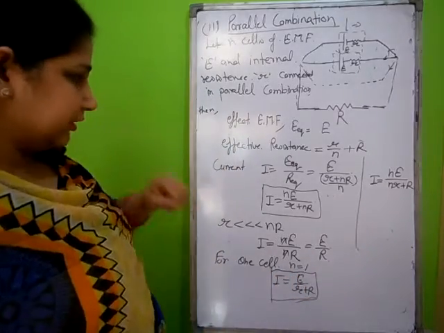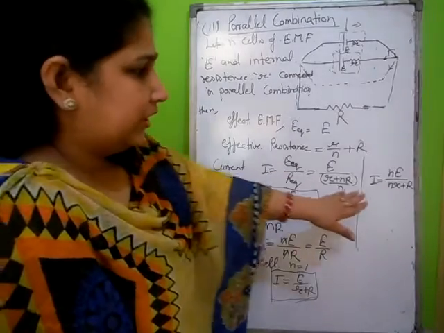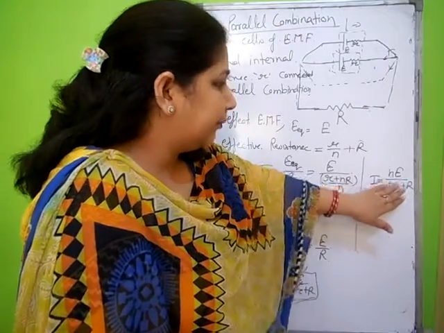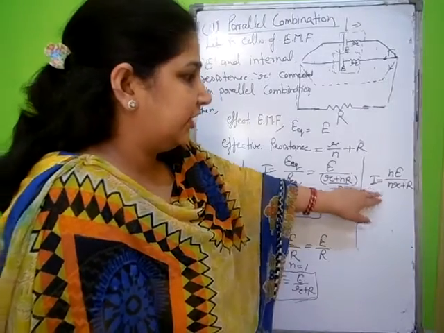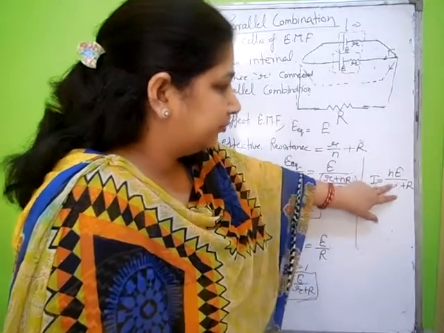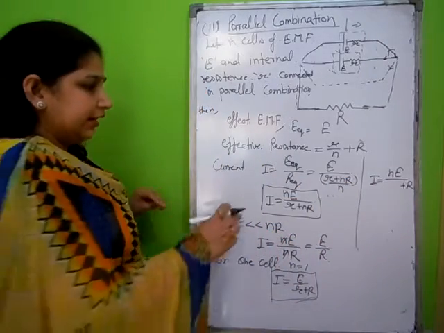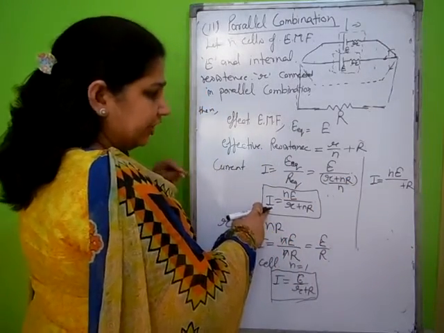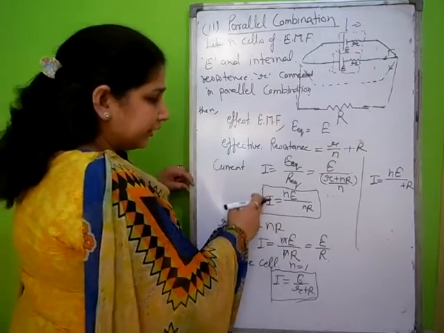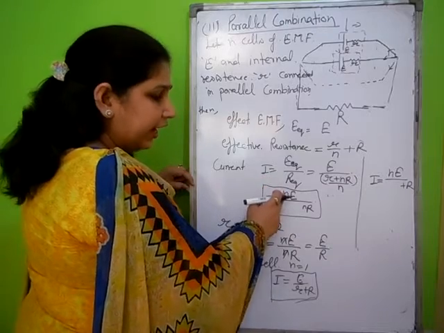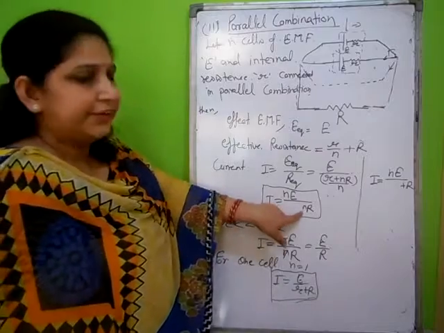Got it? Now listen. If we have series combination, then EMF will increase and current will increase if we neglect this term. Got it? Then current will increase. And if we have parallel combination and we neglect this, then current will not increase on taking n resistors, as here n is in the denominator also.